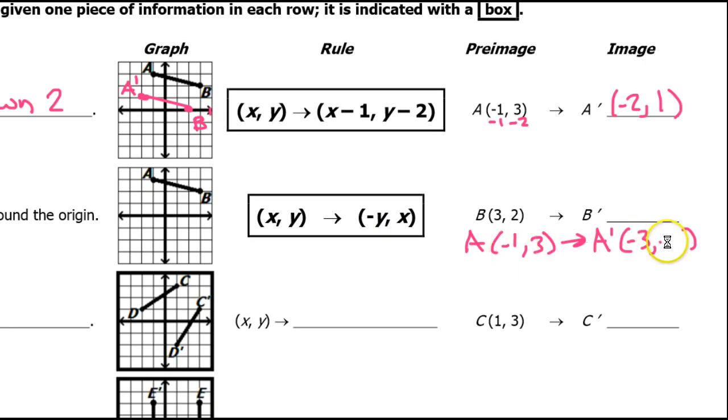X is negative 1. Now B prime. The opposite of y is negative 2. Hold on, we're doing the opposite of y and then x. So the opposite of y is negative 2, and then x is 3.